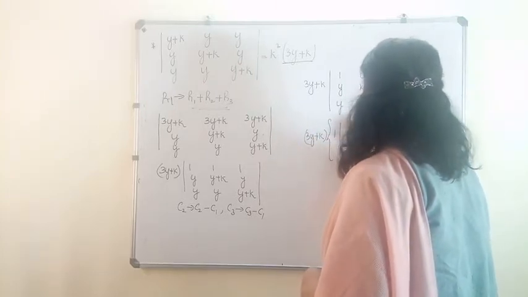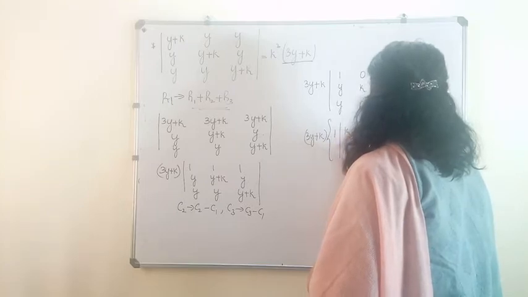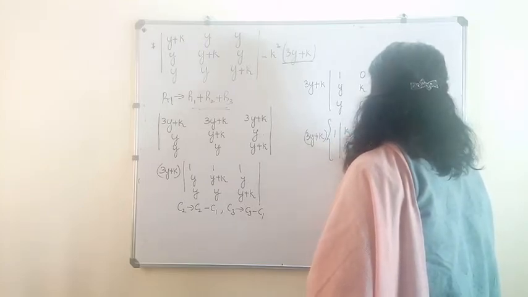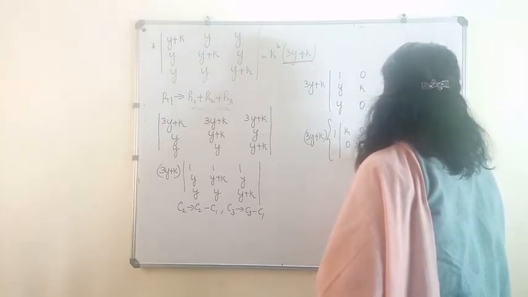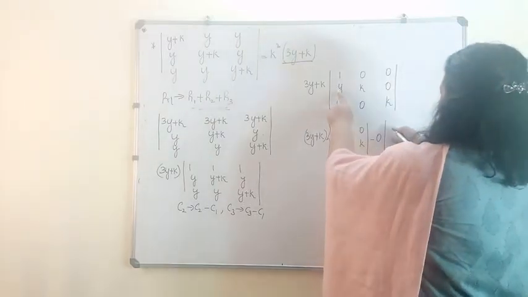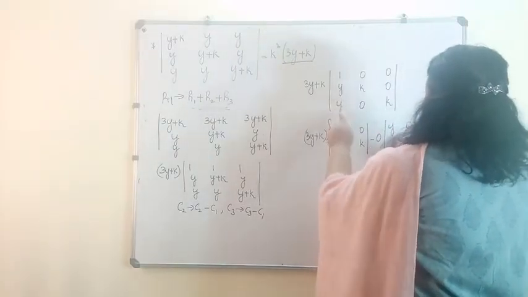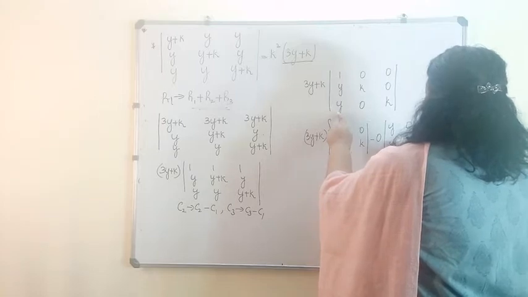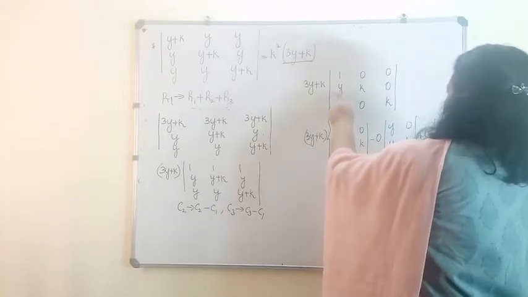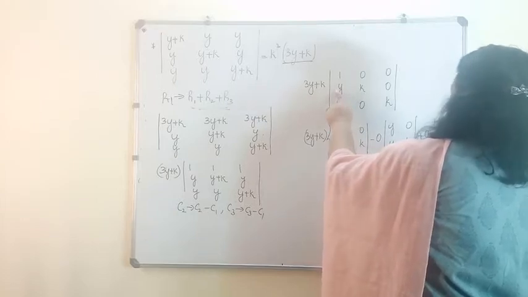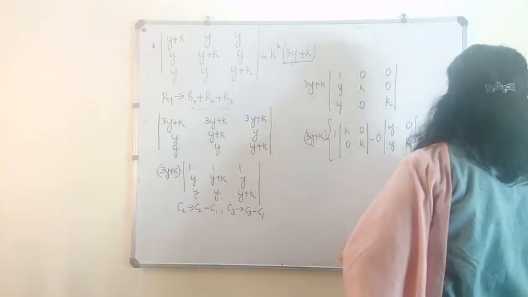Which is 3y plus k into 1 into determinant k 0 0 k, minus 0 into determinant y 0 y k, plus 0 into determinant y k y 0.